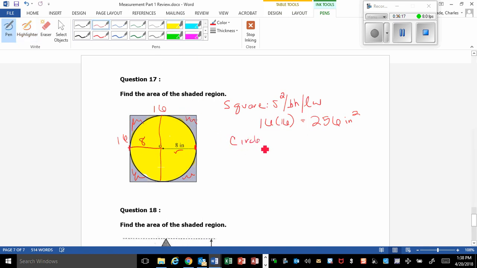So we've got to find the area of the circle, which we know is pi radius squared. Now remember, do the radius squared first.